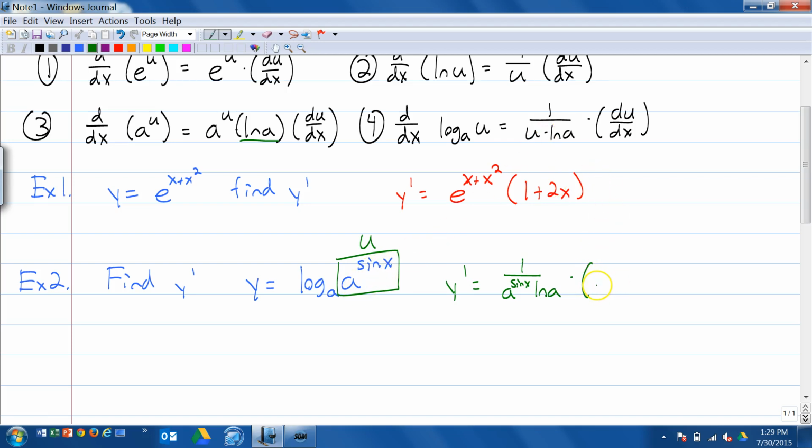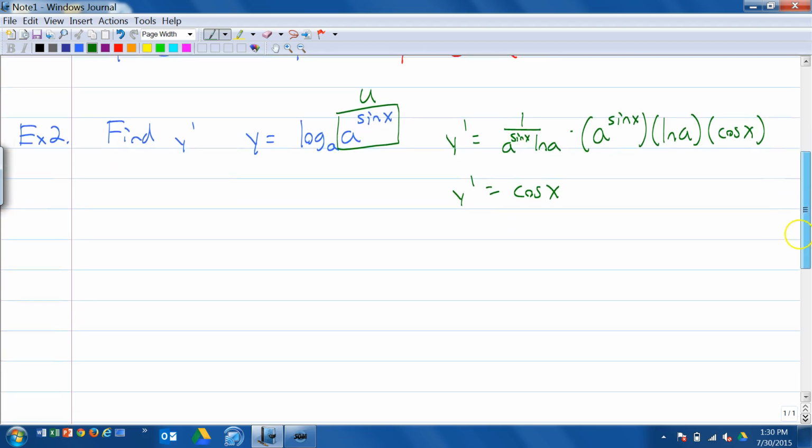So now we have to go back to step 3 and figure out what the derivative of a to the sine of x is. Well, it's a to the sine of x times the natural log of a, because I'm not looking up here, times the derivative of sine of x, which is cosine of x. And sure enough, the a to the sine of x's cancel, the natural log of a's cancel, and you're left with y prime is equal to cosine of x, which we could have done using our properties anyway. Alright, so that's just using those properties.